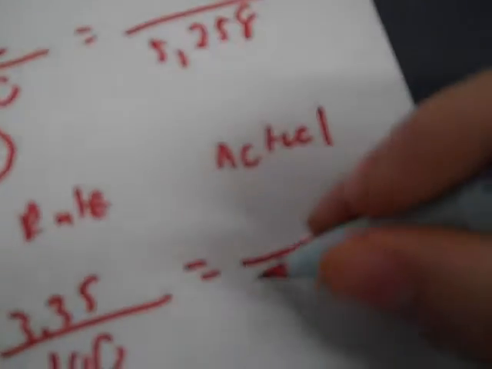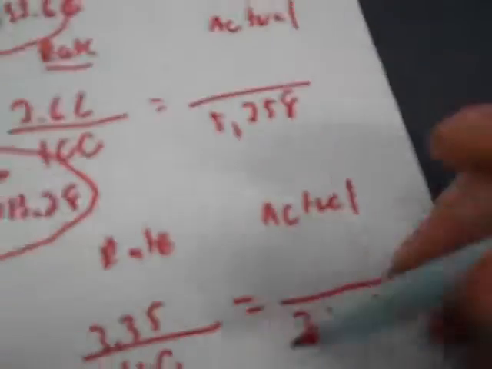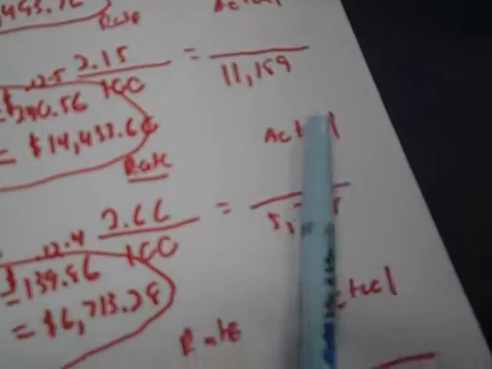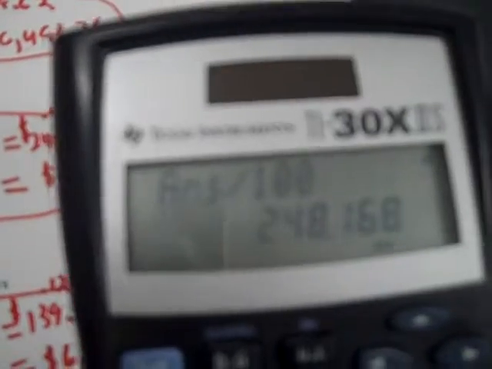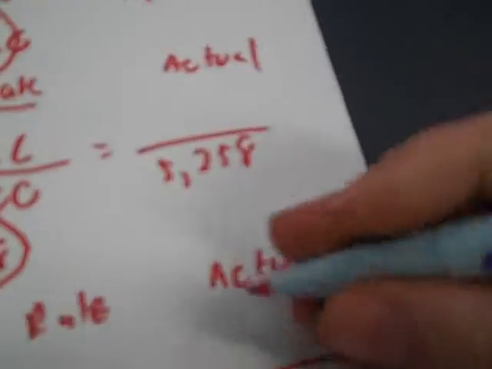Okay, now I subtract. I minus 11,678 minus 4,270, 7,408. And then I cross multiply and divide. So 3.35 times 7,408 divided by 100, $248.17.